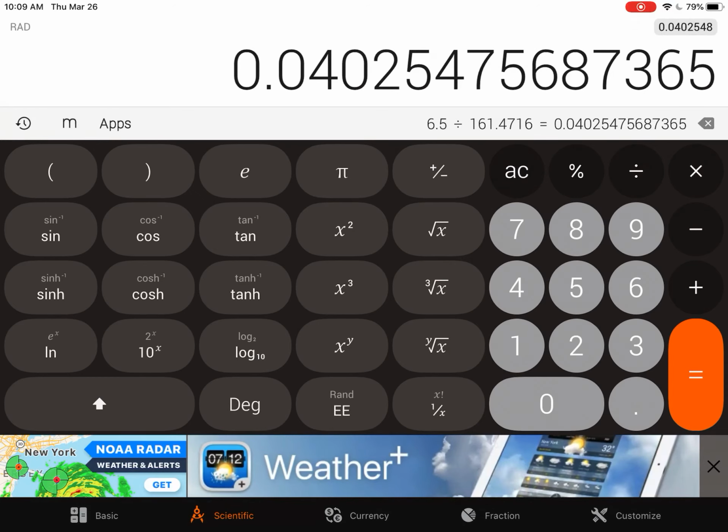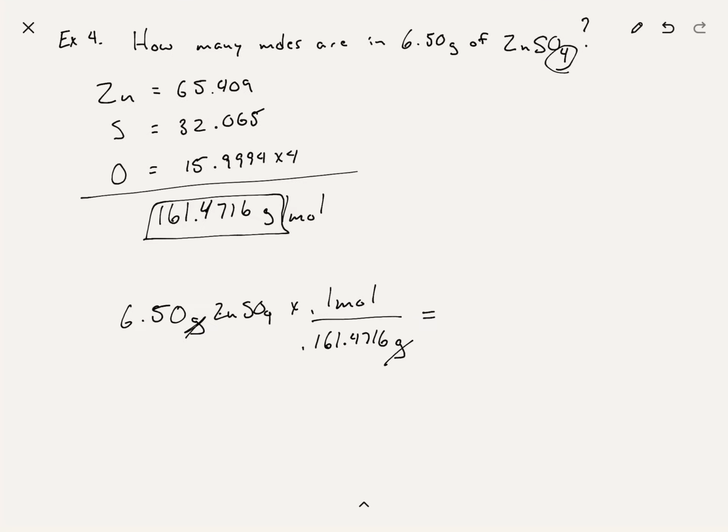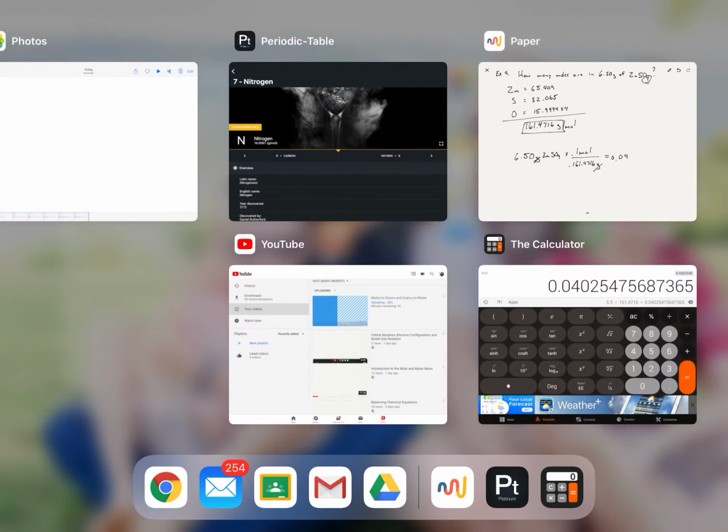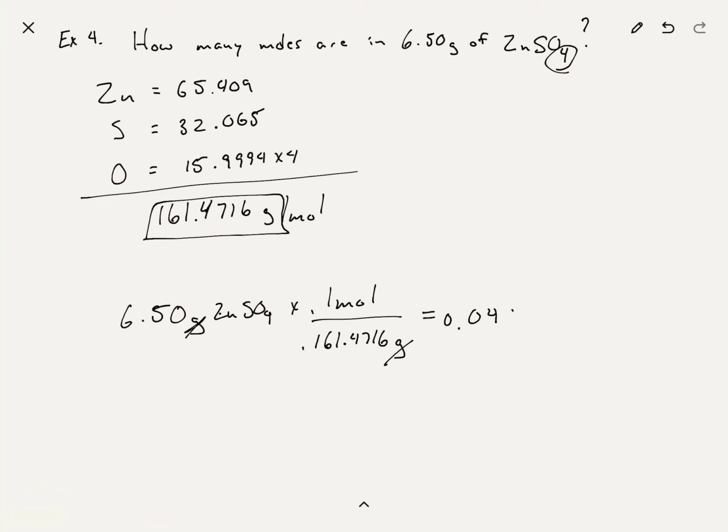Yeah, that looks like a better number. And we are going to see that our answer is 0.040254.